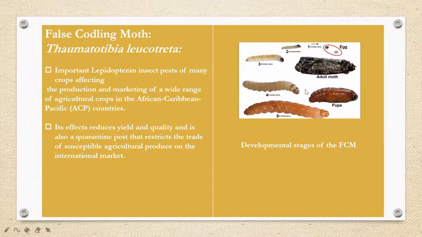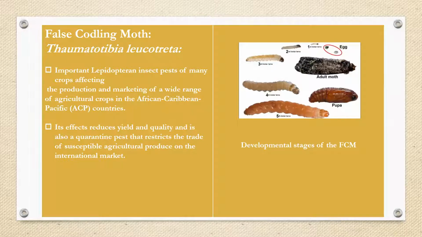This is showing you the life stages. This is the adult moth, what it looks like. It lays eggs. These eggs can be laid on leaves, underneath the leaf surfaces, as single eggs or as a batch of eggs, sometimes about 400 to 500.